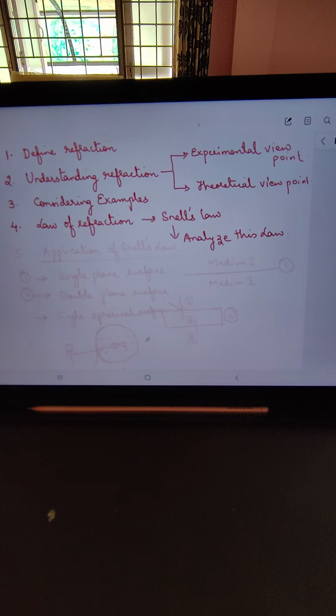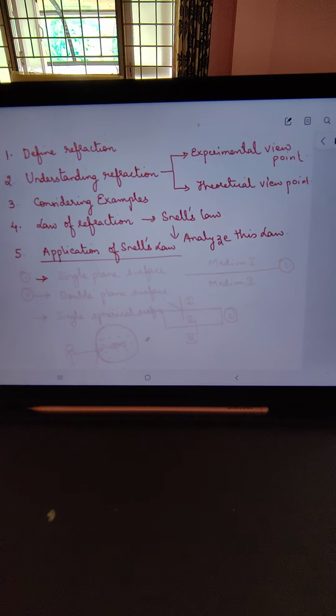So next we move on to applications of Snell's law. Herein we come to problem solving. In fact, in refraction you have only this law, and you have to see how to apply this law to various geometries.